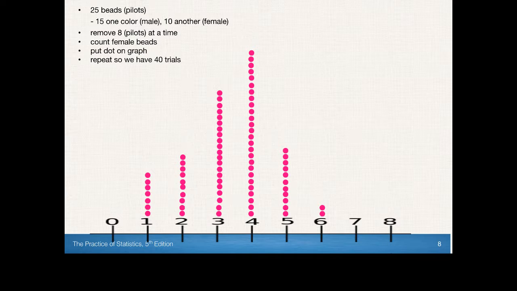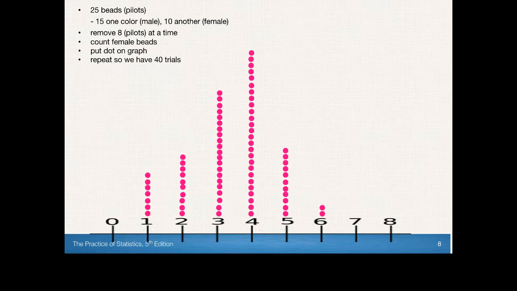So what we did is a simulation, and we took 25 beads each, and we pulled 8. One color was male, one color was female. We pulled 8 at a time, and then we counted the female beads to see if we could come up with an inference from this.